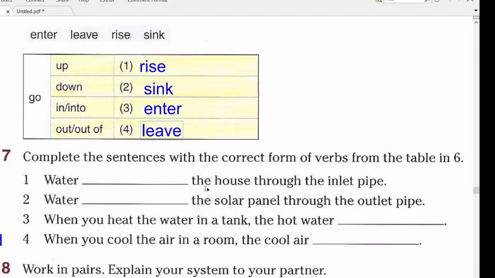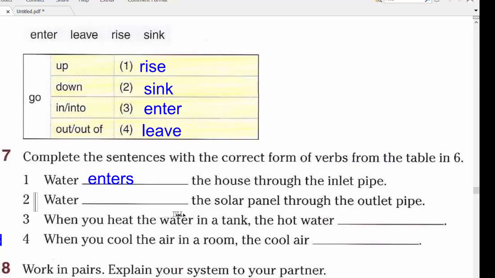Does water rise? No. Water enters. Water enters the house through the inlet pipe.